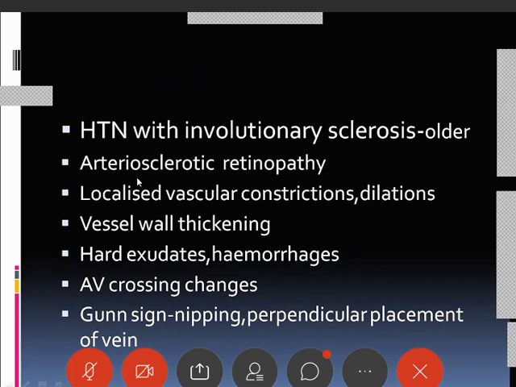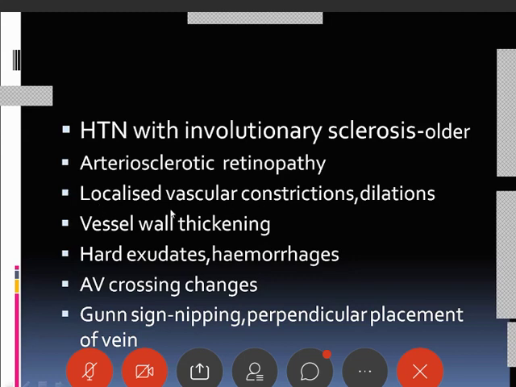The second one is hypertension with involutionary sclerosis, which occurs in older individuals where there is already sclerosis. The picture will be similar to arteriosclerotic retinopathy, with changes in the light reflex from the arterioles.